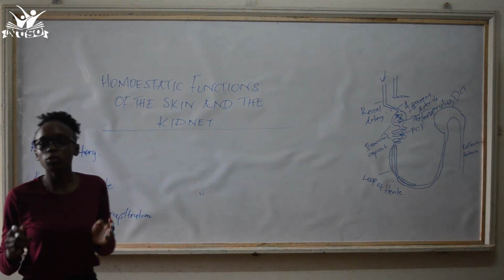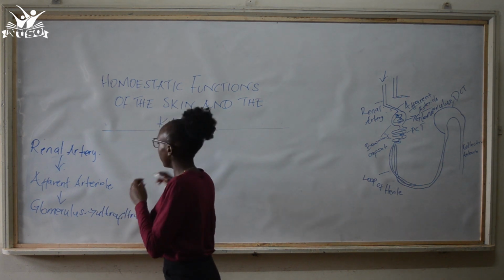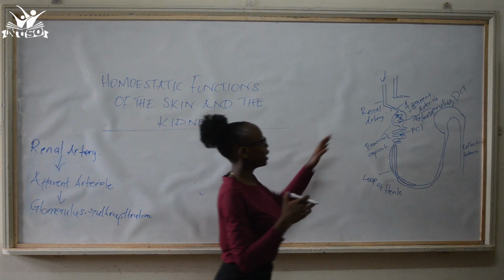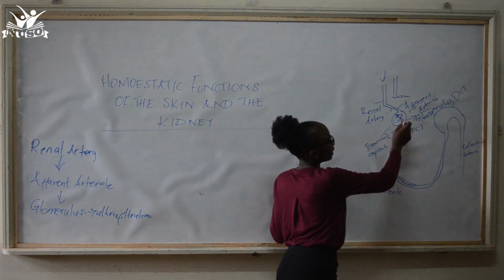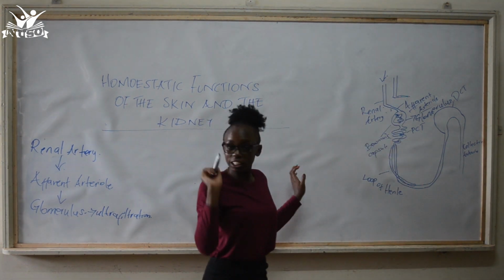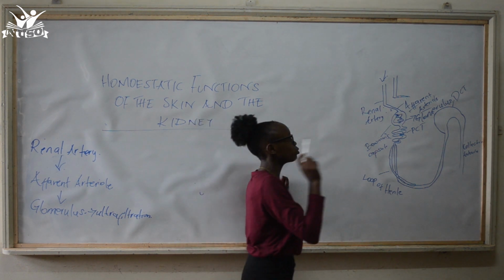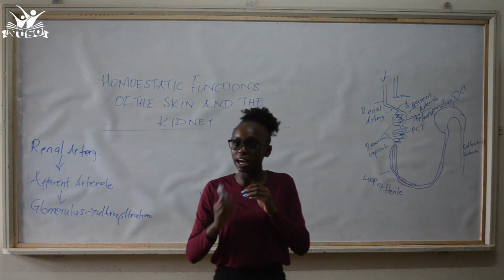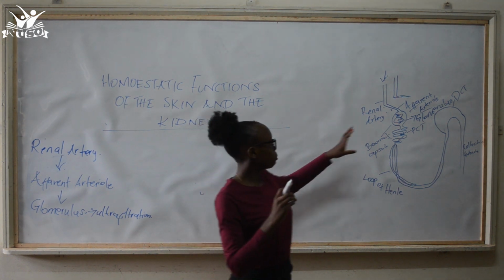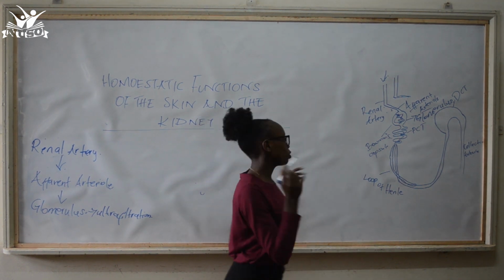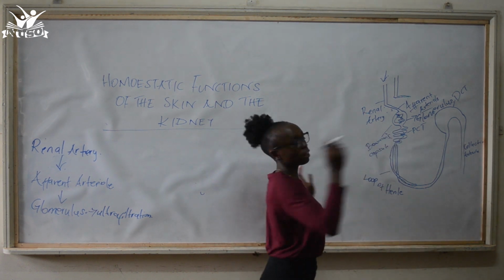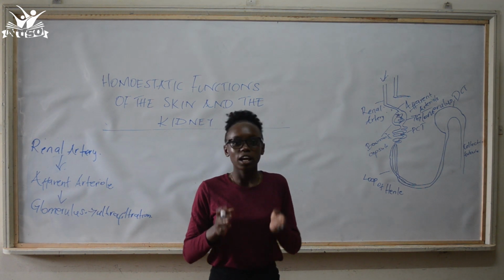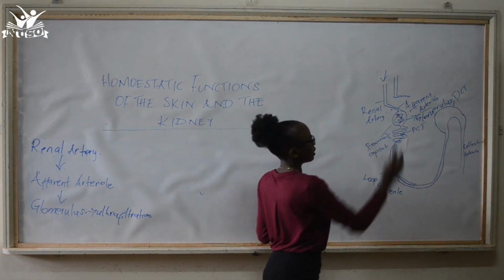From our understanding, ultrafiltration is a process whereby small-sized molecules in the blood are allowed to flow through into the Bowman's capsule, and large-sized molecules, since they cannot pass through the pores of the glomerulus, are left there. After that, the blood is now known as the glomerular filtrate. Now it moves to the Bowman's capsule.